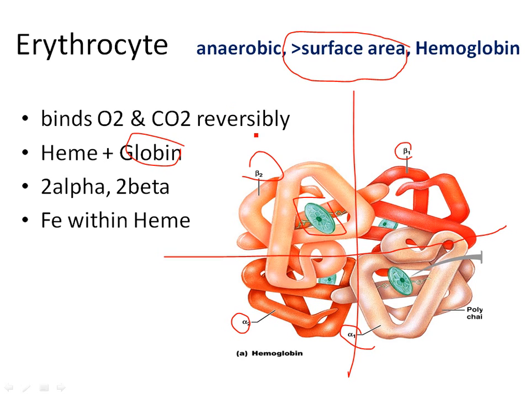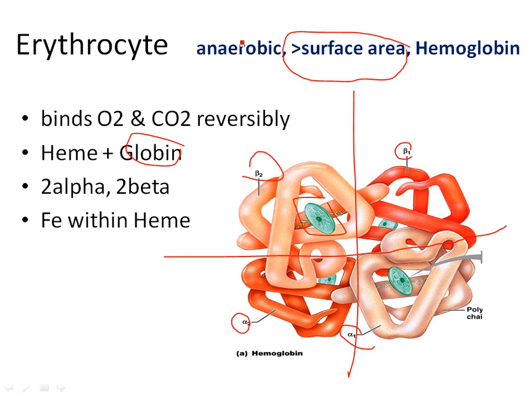It picks up CO2 at the tissue and cell and drops it off at the lung so that you can exhale it. The deal with CO2 though is CO2 does not really bind to the heme. It binds to the globin, and we'll learn later in the respiratory system, it's also kind of secretly, slyly sequestered inside that cell in a chemical reaction.